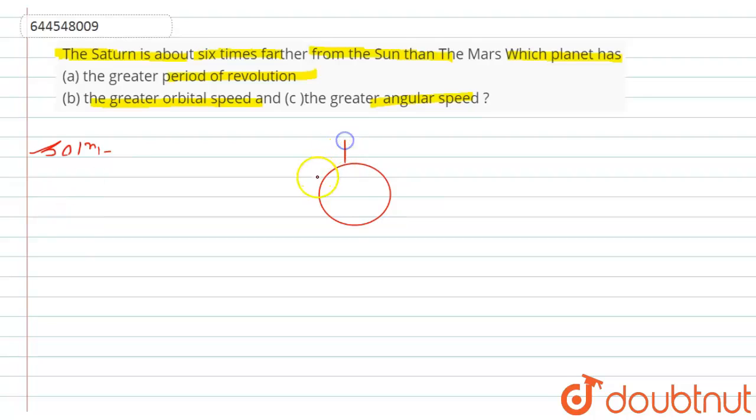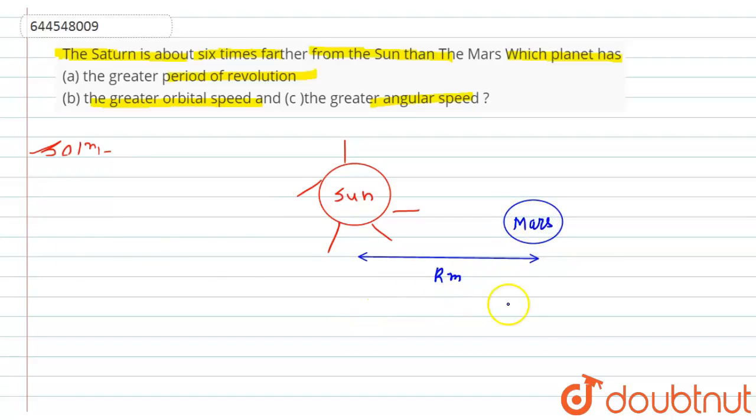Now let us assume Mars is at a distance of Rm from the Sun, and similarly Saturn is at a distance of Rs from the Sun, where Rs and Rm are the orbital radii for Mars and Saturn. So simply we have to give the answers for the questions.